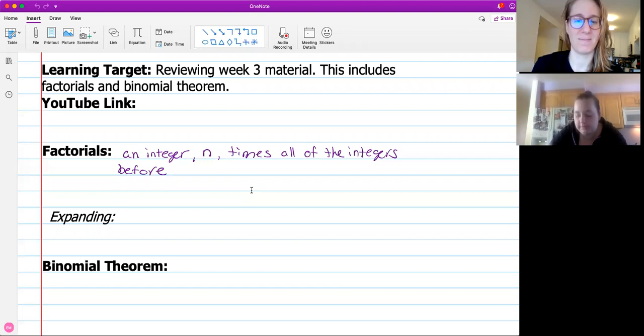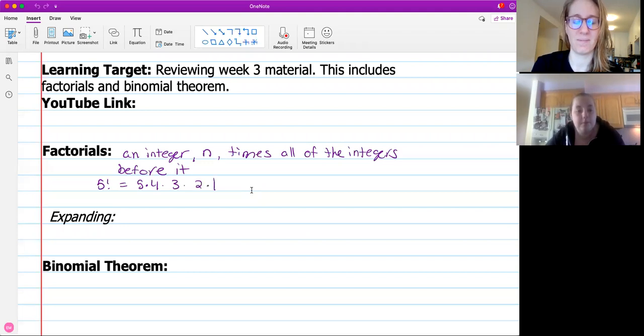So if you have something like 5 factorial, you're going to have 5, because n is 5, times 4 times 3 times 2 times 1, and that is equal to 5 factorial.